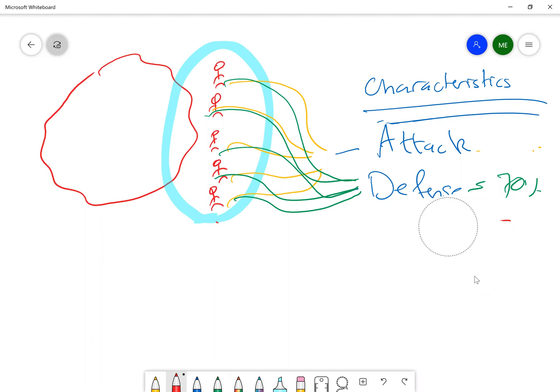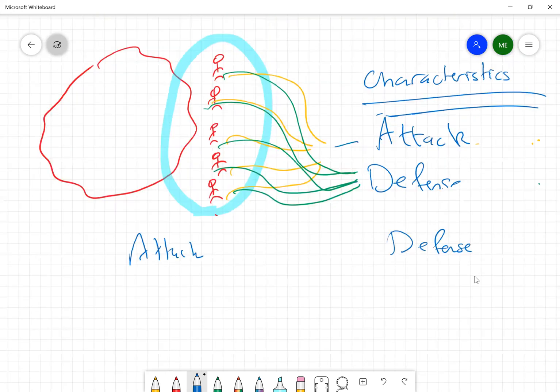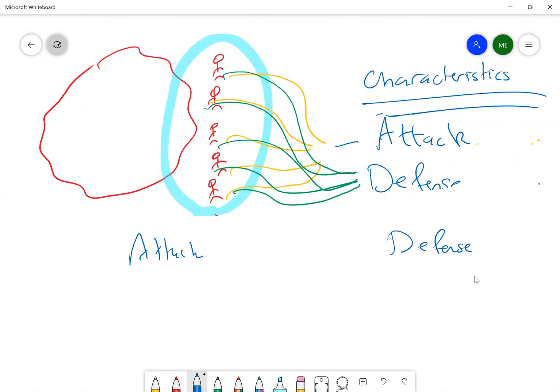All right. So this is the concept of a characteristic, okay? For each one of those characteristics, attack and defense, I'm going to be using the same partition scheme. The same input space for both. Where is it? Let me just grab this.